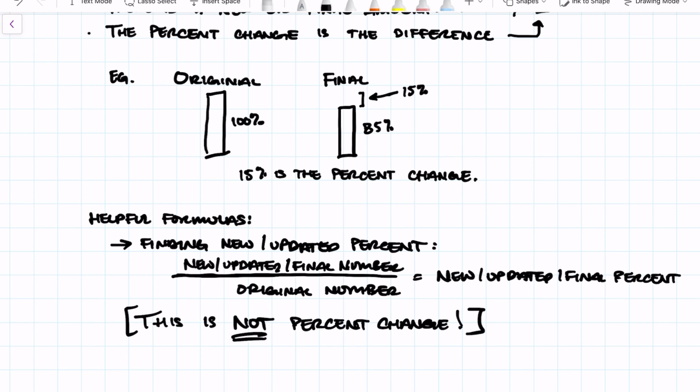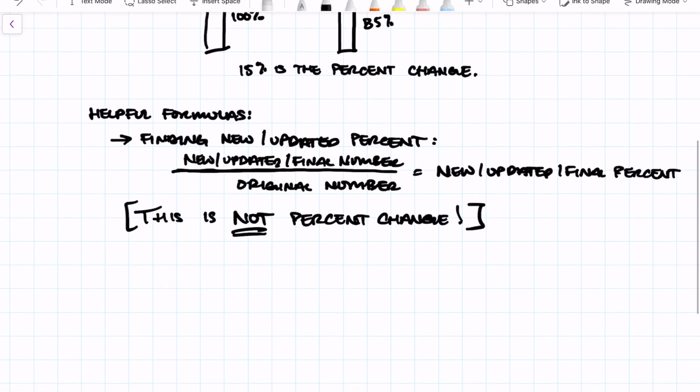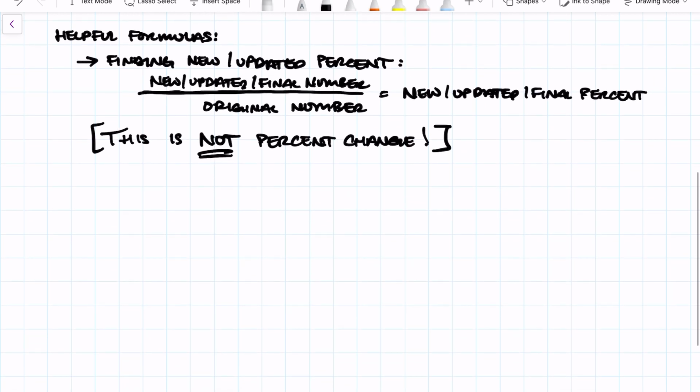Well, remember that the original percent is going to be 100%. Now the trick here, we could use integers, is finding out the percent change.